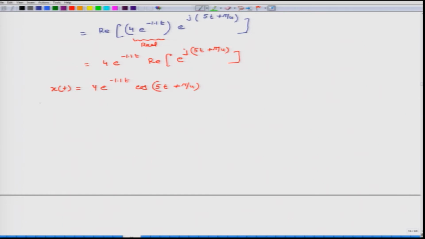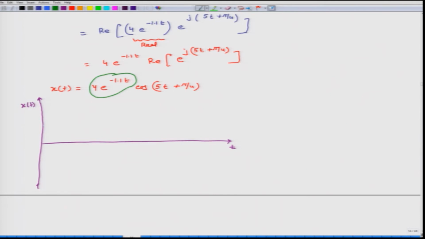So, we will plot this. On the x axis I am going to plot time, and on the y axis I am going to plot x of t. But before I plot the entire function, I will first plot just this function. At time t equal to 0, the function in green has a value of 4.